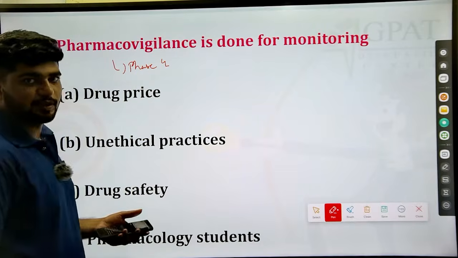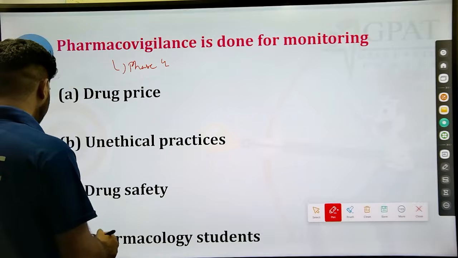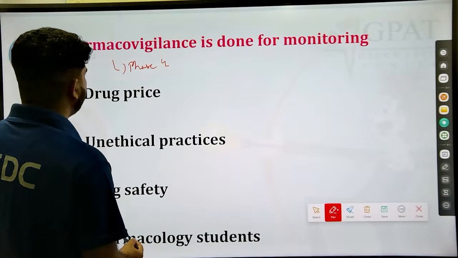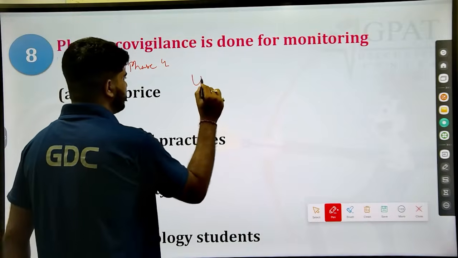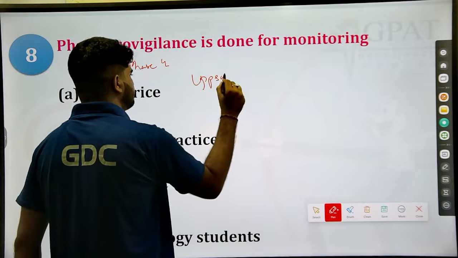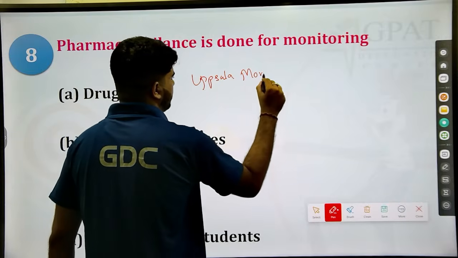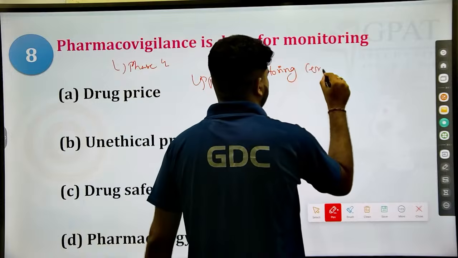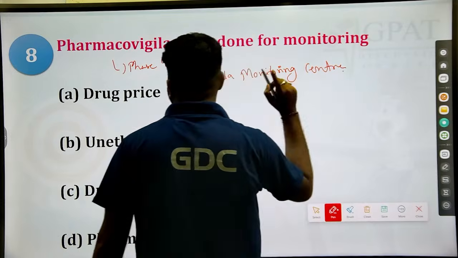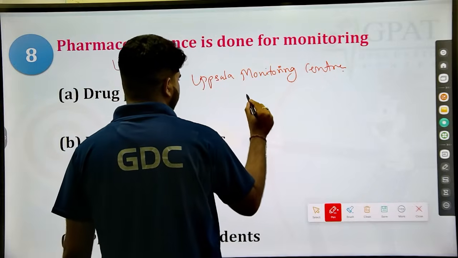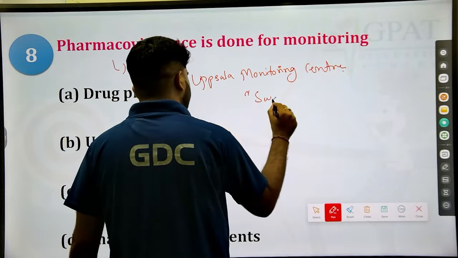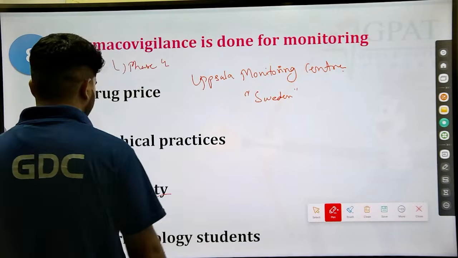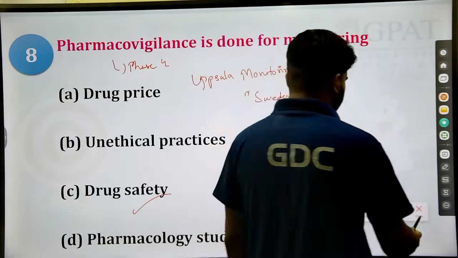And the Uppsala Monitoring Center is the world's pharmacovigilance center that is present in Sweden, guys. Sweden, you have to remember, and obviously drug safety would be the correct answer.